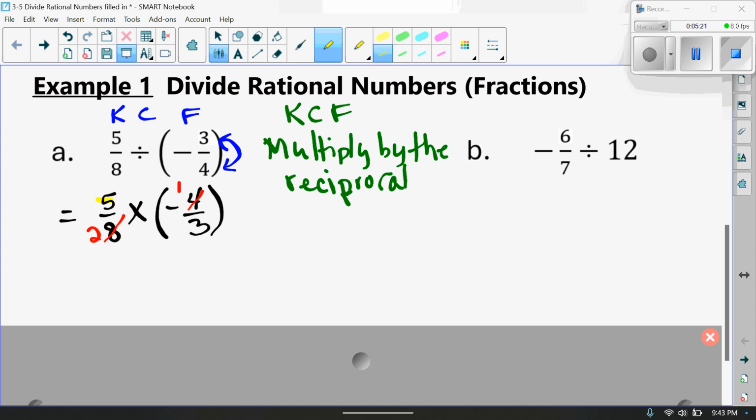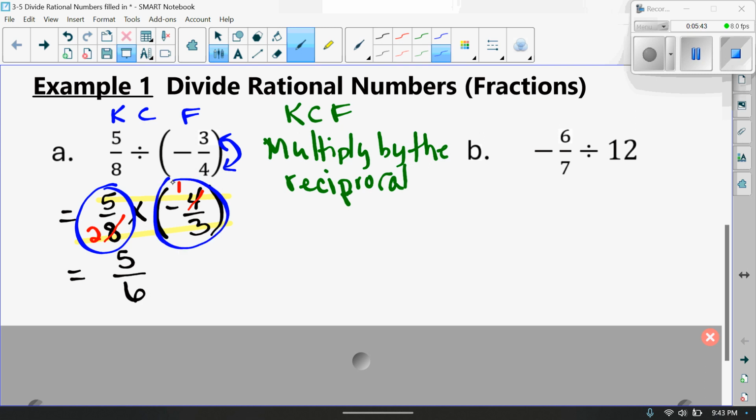Now we multiply straight across. 5 times 1 is 5. 2 times 3 is 6. And circle this: a positive times a negative, different signs, is a negative.